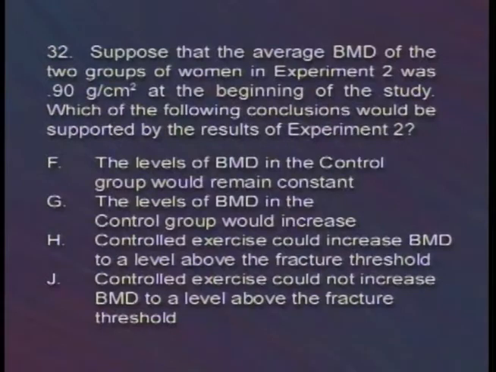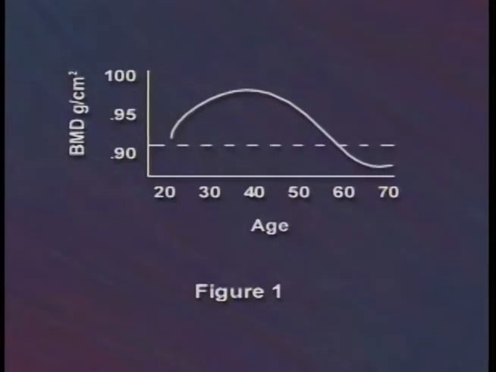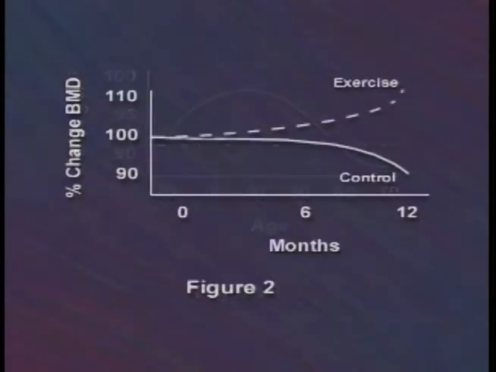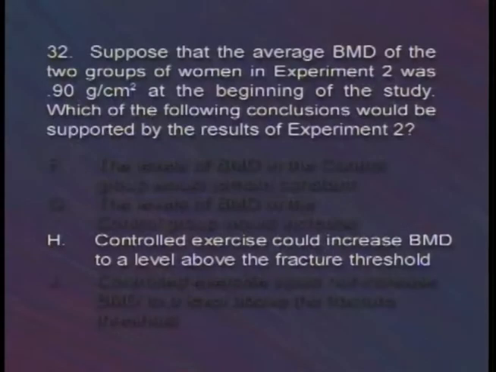This term is to be found in Figure 1. The fracture threshold has a value slightly above 0.90. If the two groups of women had a BMD level of 0.90 at the start of the experiment, what would happen to this level as a result of exercise? From Figure 2, we can see that the value of BMD increased as a function of exercise. It's reasonable to conclude that the BMD level of 0.90 would increase as a result of exercise. The best answer is H.